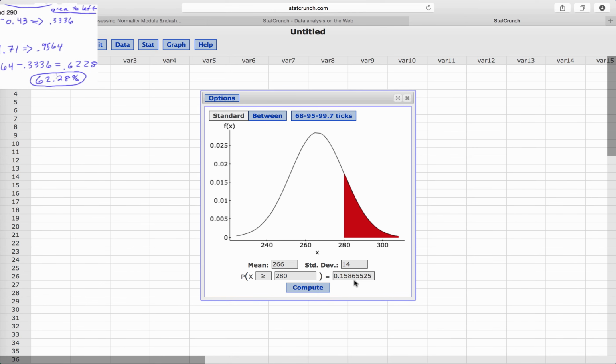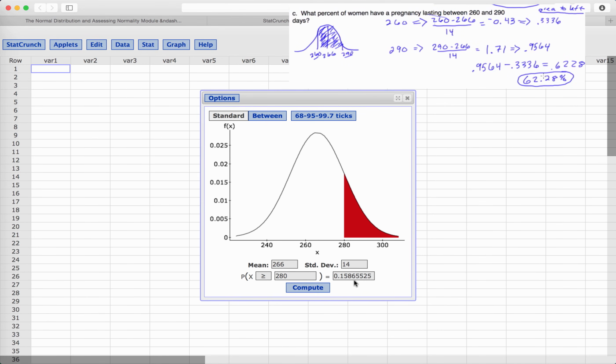The final problem requires us to find a probability, and thus a percentage, between two observations, between two amounts. Up above, in the StatCrunch window, we see the word between. We would like to click on the word between.